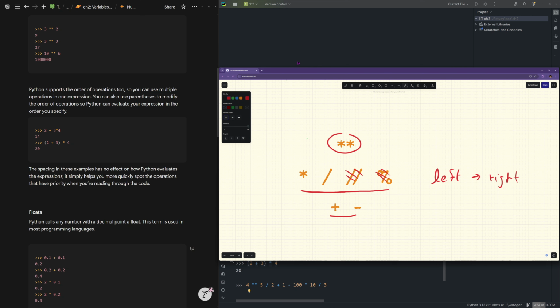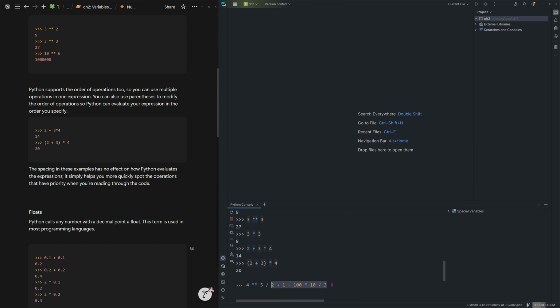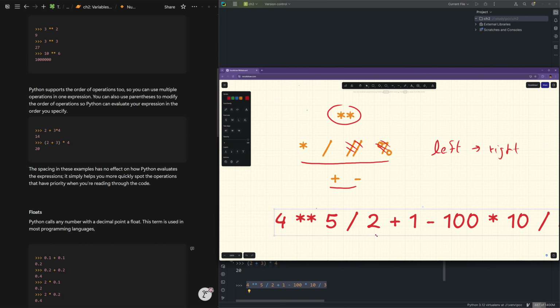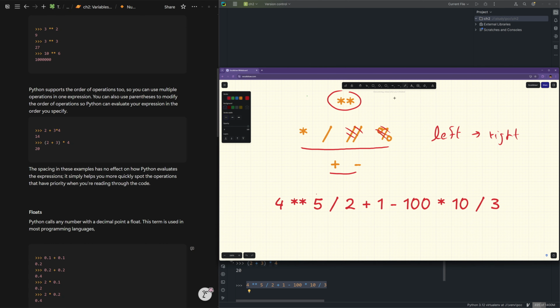So let me show you what I mean. I can copy and paste all of this here, and we can go through it together. The first thing that will be done is the double asterisk, exponentiation. Now that's 4 to the power of 5.